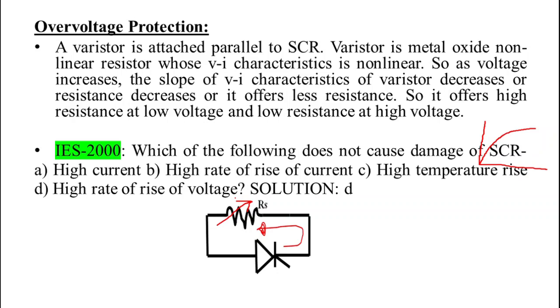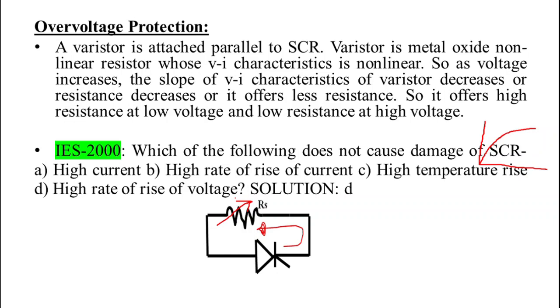Now take this question that has been asked in ES 2000. Which of the following does not cause damage of SCR? High current, high rate of rise of current, high temperature rise, high rate of rise of voltage. Here we know that we need protection for all of these. But here answer is D. Why?